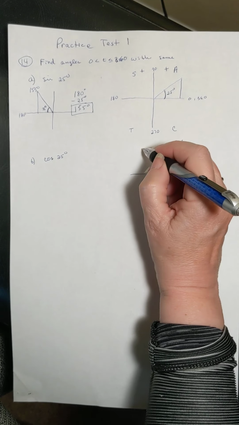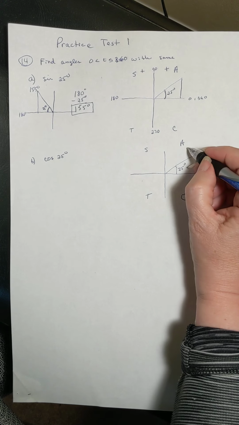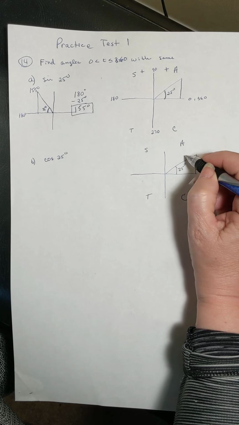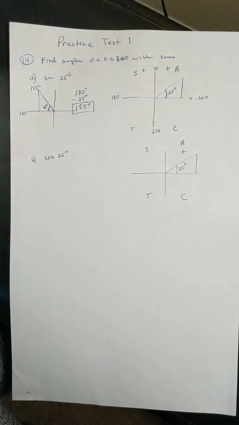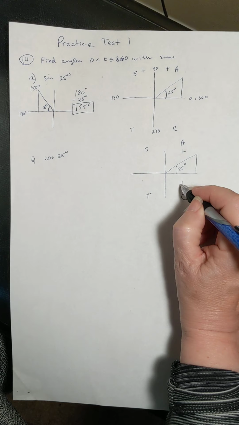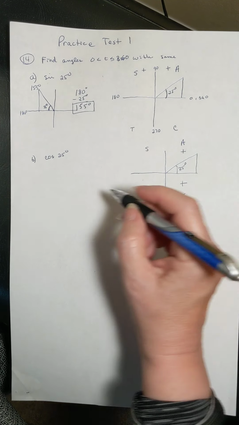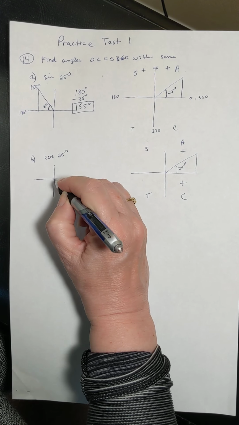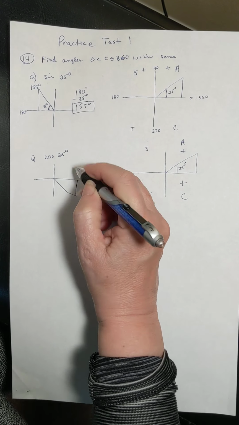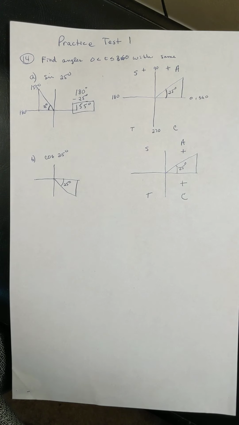again, all students take calculus. Notice that the cosine of 25 degrees is positive because they're all positive in the first quadrant. Now, where else is the cosine positive? In the fourth quadrant. And so I am going to draw this triangle in the fourth quadrant. And again, the same reference angle, 25 degrees. All right?